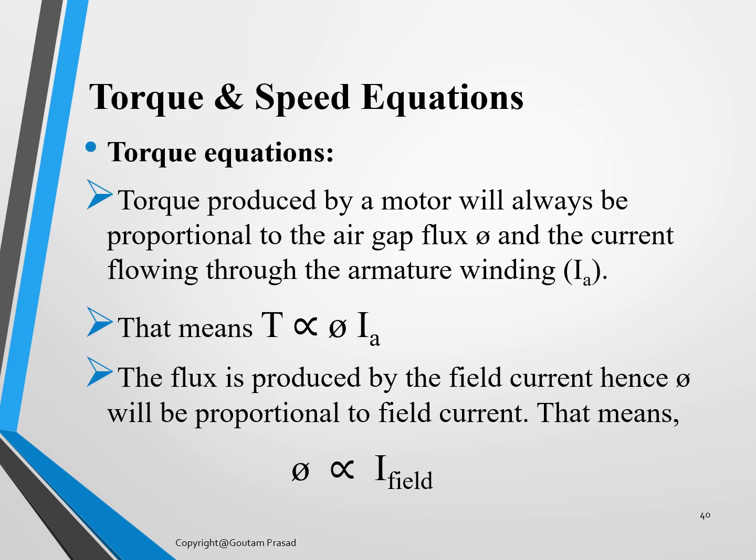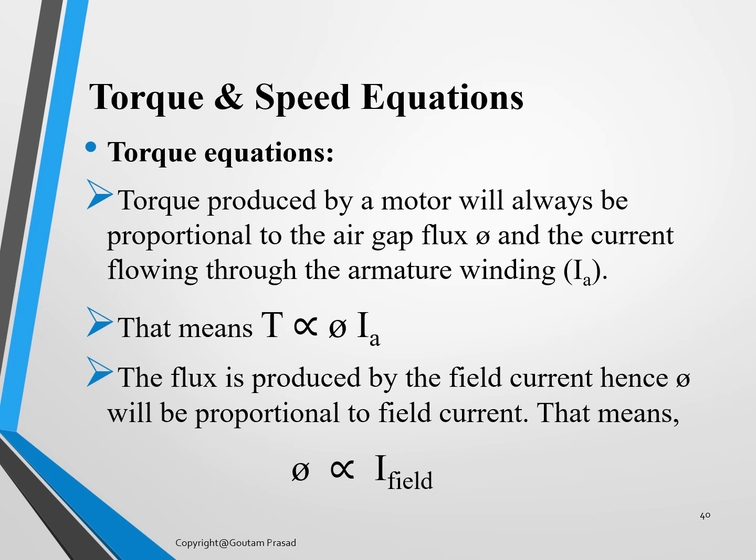Torque equation: the torque produced by the motor will always be proportional to the air gap flux, and this air gap flux is proportional to the flux being caused because of the shunt winding or series winding or the compound winding, and the flux being caused by the armature. That means T is directly proportional to phi Ia.